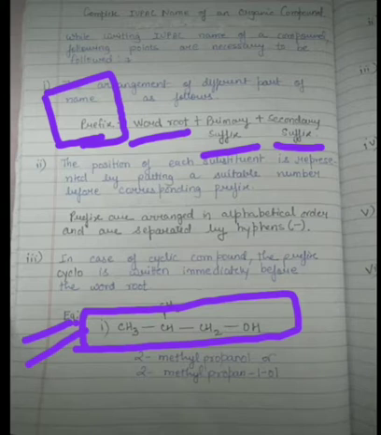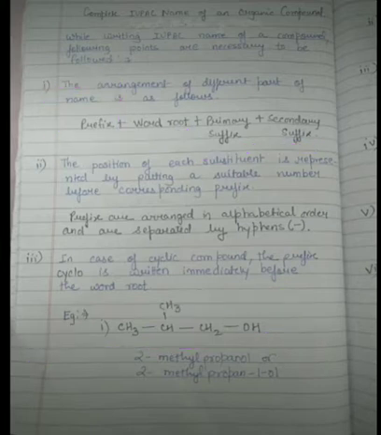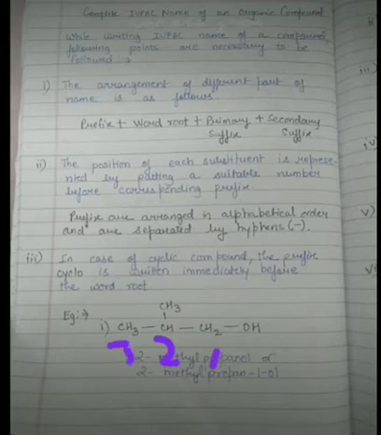After this, you have to give priority to the functional group. Here the functional group is OH. So we will number from here, 1 for OH. This carbon will be 1, this carbon will be 2, and this carbon will be 3.